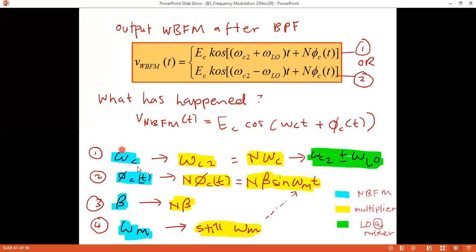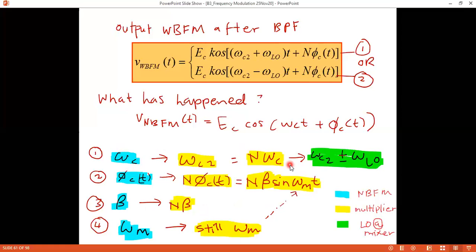So this is our original narrowband FM equation's parameters. You can see after the multiplier, all these are multiplied by n except omega m, the information signal frequency. Here, omega m does not change. It will stay at its original value, omega m.